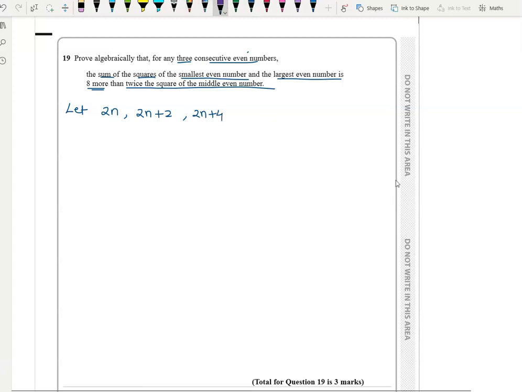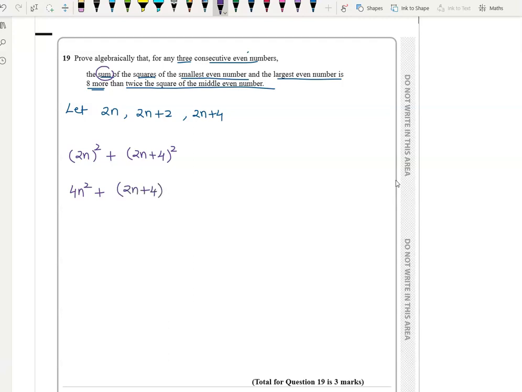It says you need to add the squares of the smallest and the largest. So you need to square the smallest number, 2n whole square, and the largest number is 2n plus 4, and add the square of the largest number. So 2n squared is 4n square. Now here, if you know the special product identities, you can do it directly. If not, you can write the bracket twice and use the FOIL method.